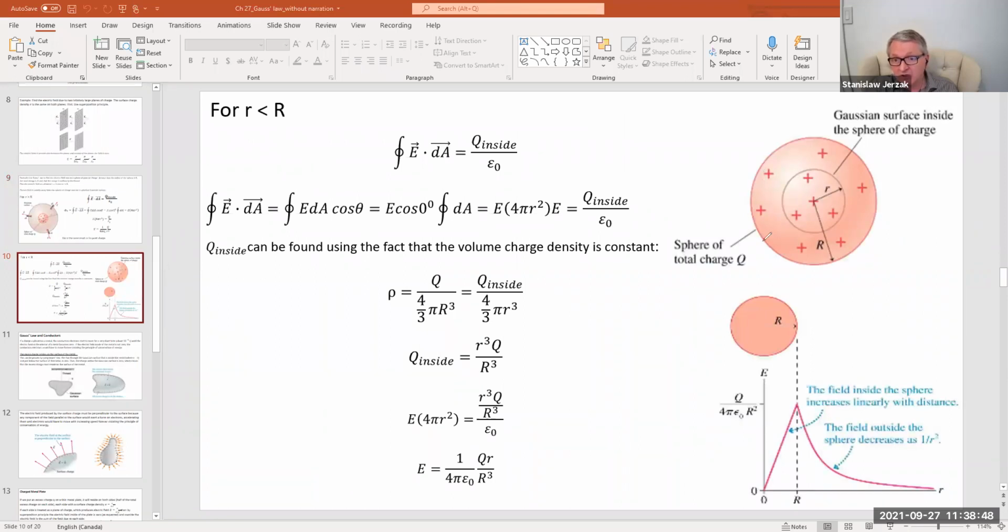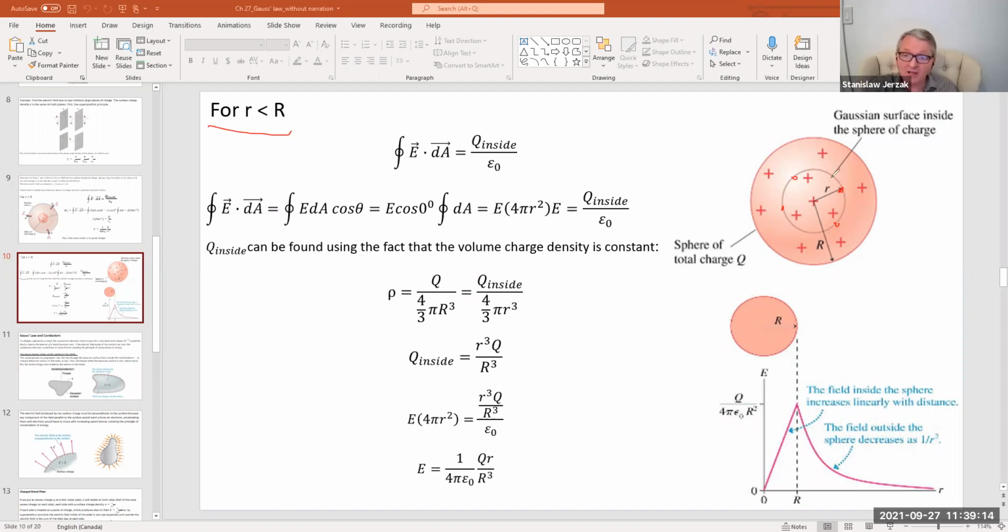So here we have that spherical charge of radius capital R, but I now want to calculate electric field a distance lowercase r, but inside of that sphere of charge. Let's say at this point, what is the electric field inside of that spherical charge? Distance r. So this time lowercase r is smaller than capital R.